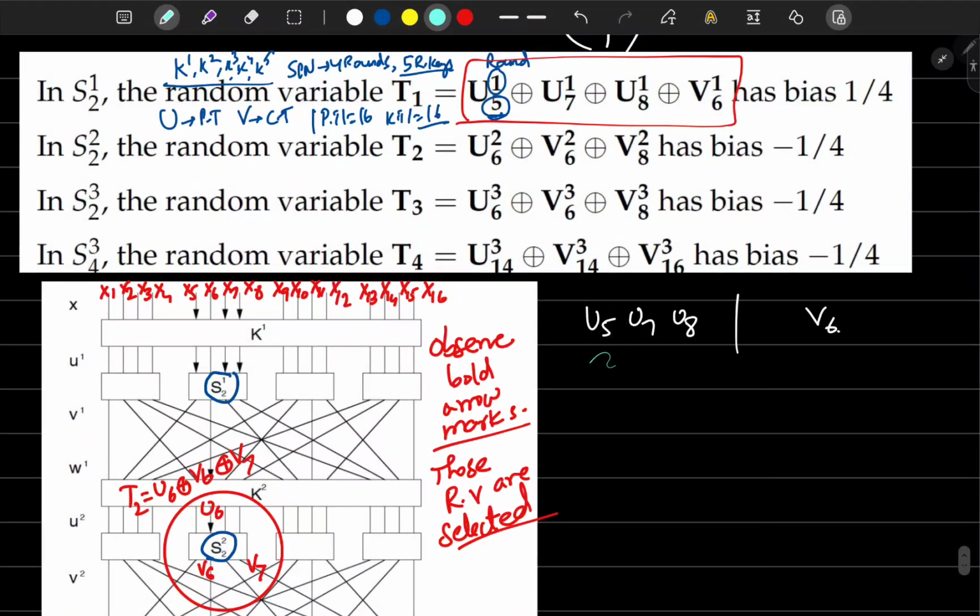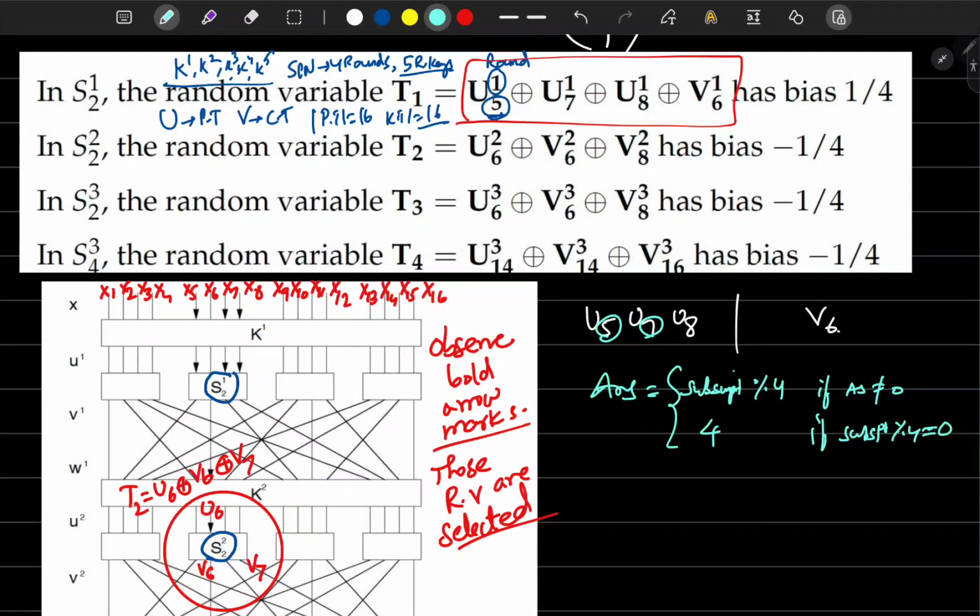I will tell one formula: the answer is subscript modulo 4 if it is not equal to 0, and the answer is 4 if subscript modulo 4 is equal to 0.